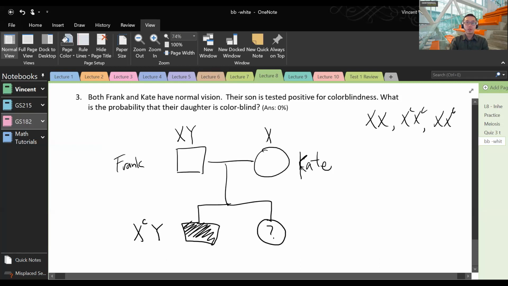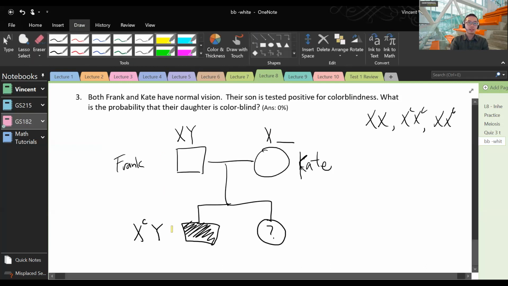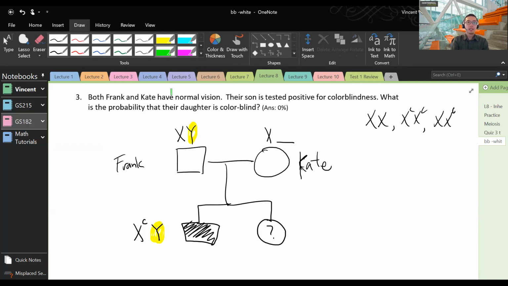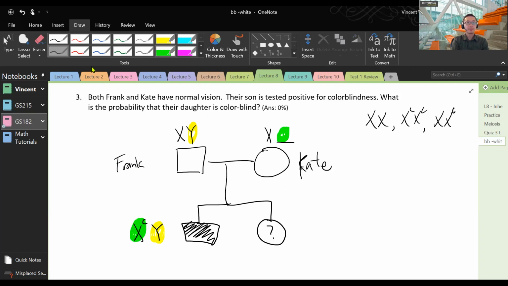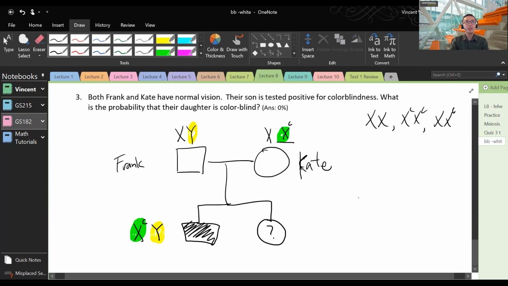Well, we know she is going to have a normal X for sure, but what is the other one? Well, let's take a look at their son. The Y came from Frank for sure, because the male is the one that passes on the Y, always. That means this XC must have come from Kate. So she is a carrier of the color blindness gene, but she herself is not colorblind.